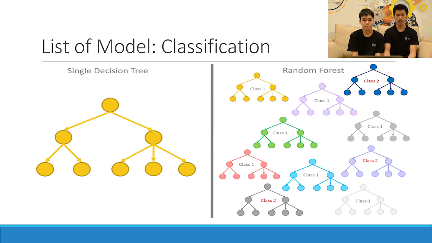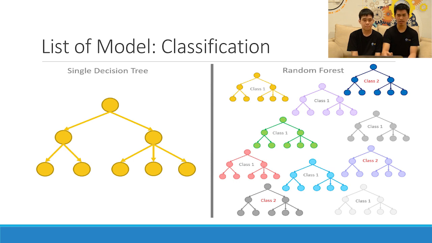Then we feed in our testing data to all of those decision trees. We can see from this diagram that 7 of them classify it as class 1 and 3 of them classify it as class 2. That means by taking the majority, we can conclude that the input data is a class 1 type.